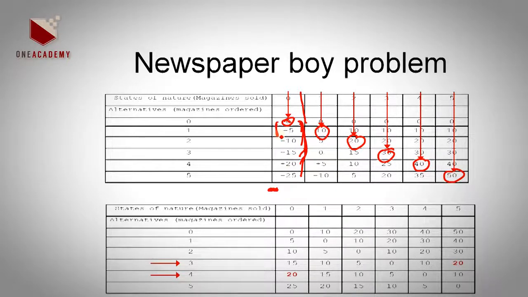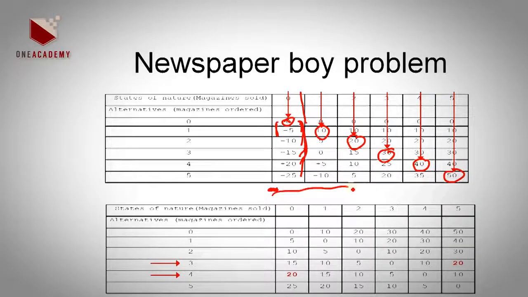And one important thing here is that while subtracting, I'm only interested in the absolute value of the difference. So I'm always going to put the positive values here. So for example, -5 minus 0 is 5, -10 minus 0 is 10, and so on and so forth.